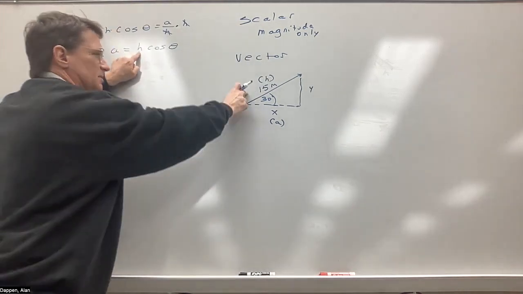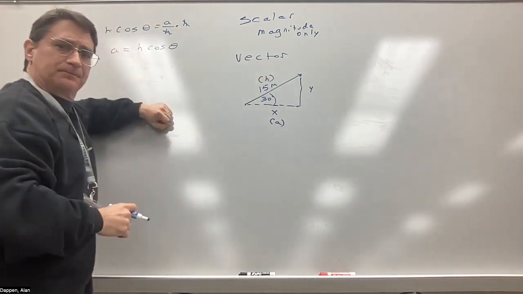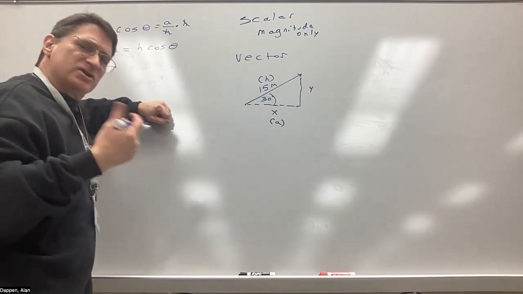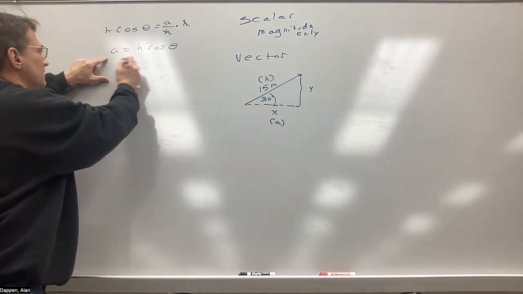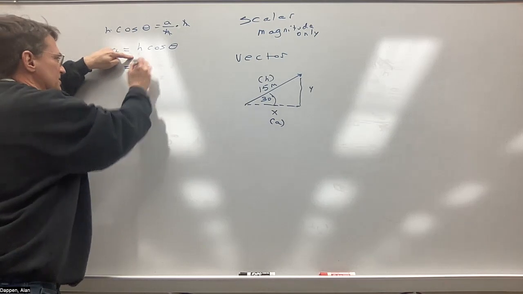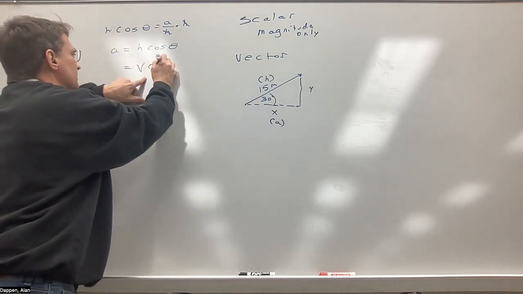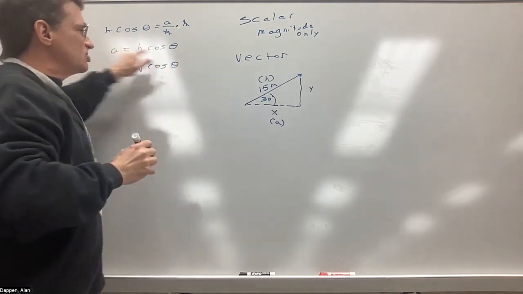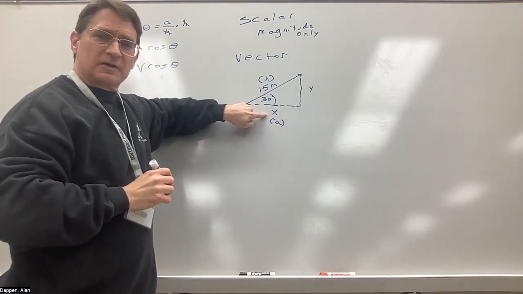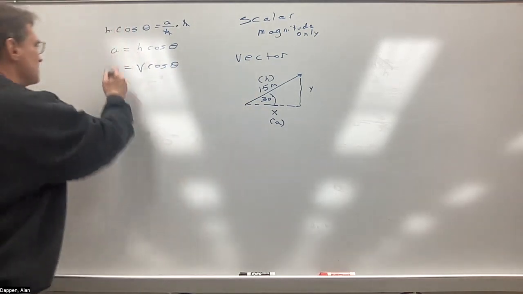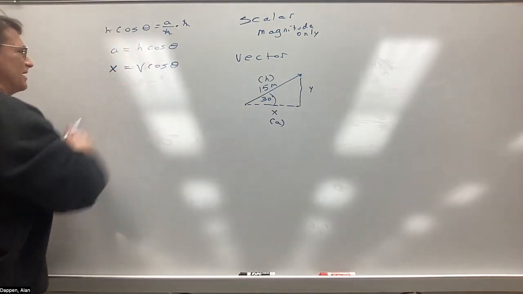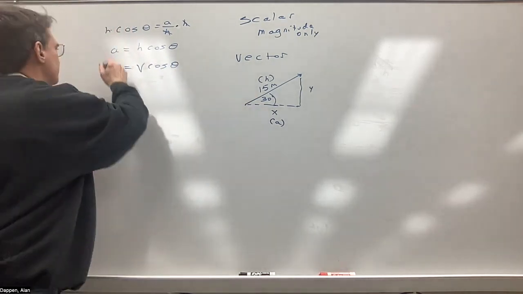The hypotenuse is my 15-meter vector, right? So could I generically just say that my hypotenuse is the vector itself, v for vector, times the cosine of the angle? And this is when the adjacent is right here. I'm calling that x in this problem. So I could actually write x equals v cosine theta, couldn't I?